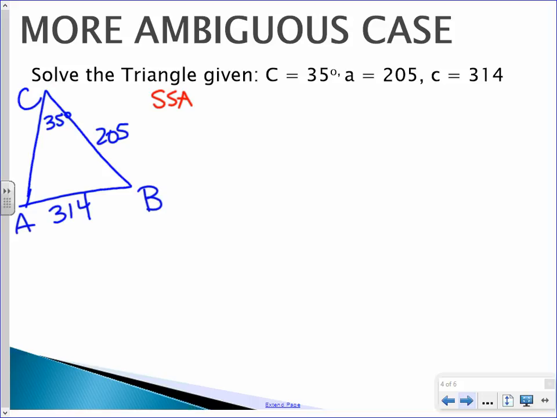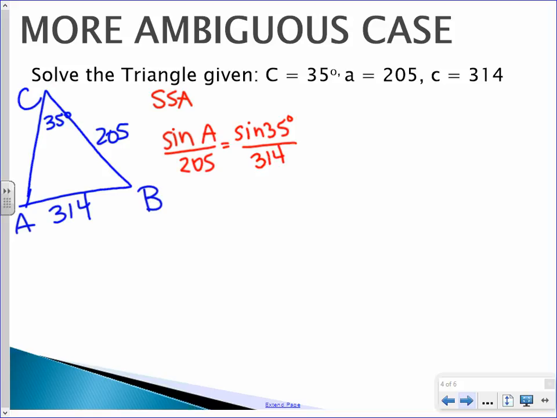All right, so the first thing we need to find is the sine of angle A, because we have side A, and we know both sets of the C's.